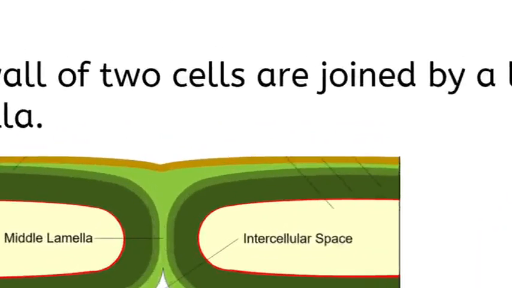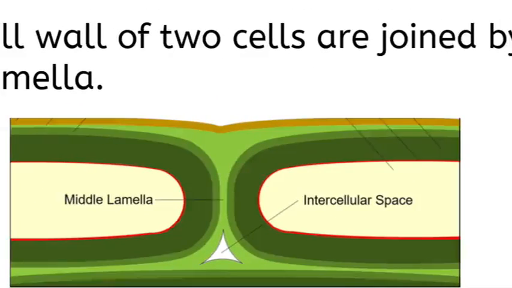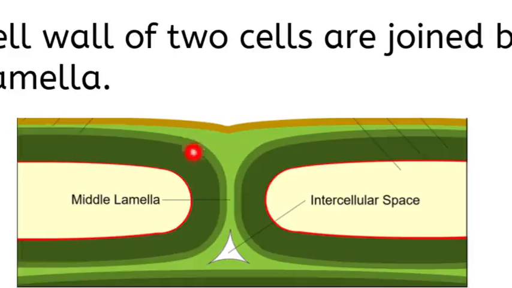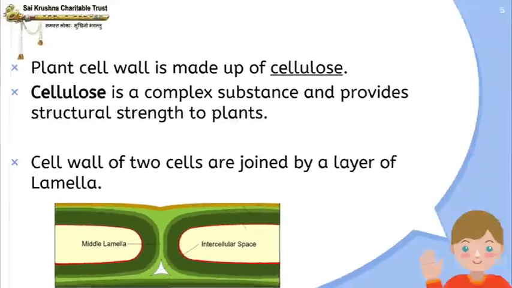In this diagram, we can see over here we have one plant cell, and here is another plant cell, and this layer in between is the lamella. The lamella joins the two cell walls of different cells.